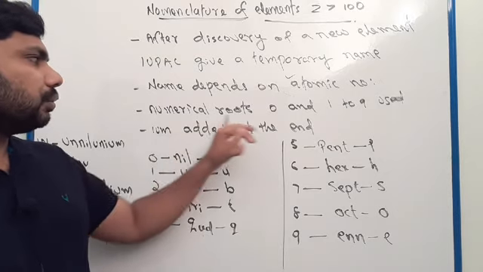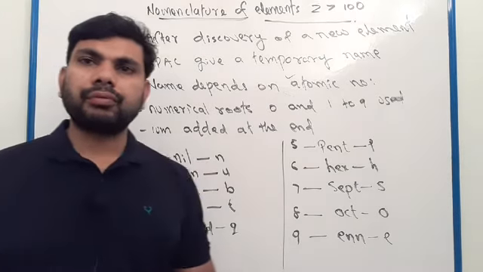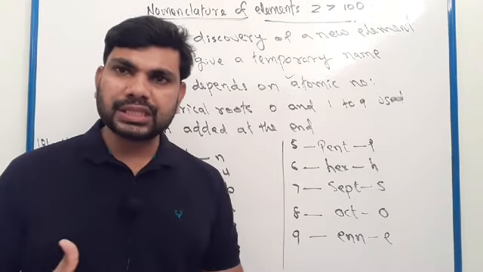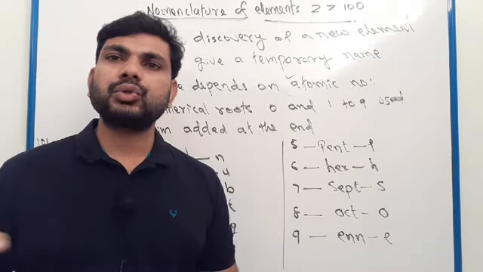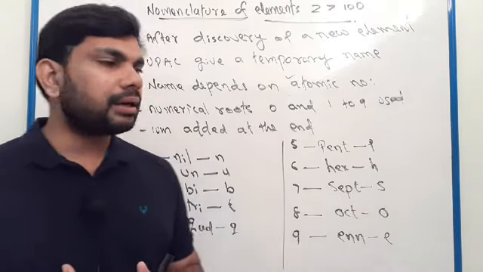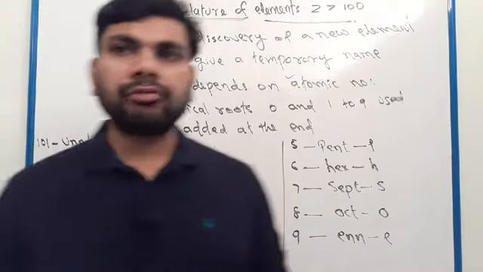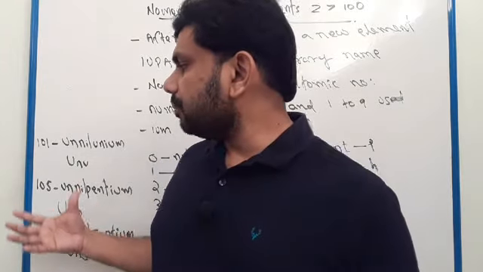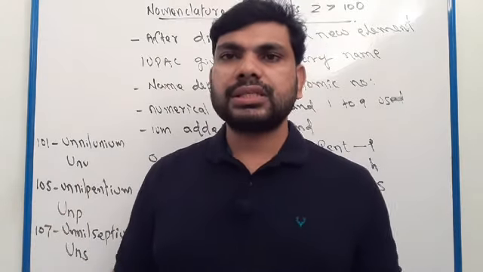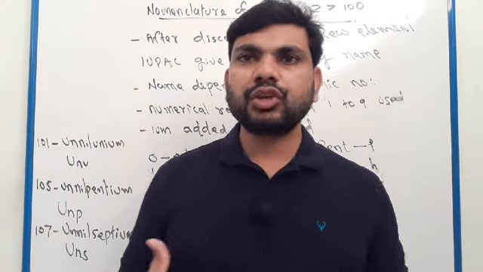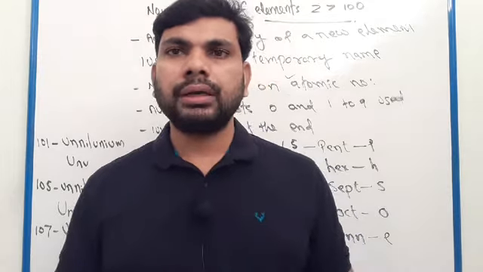This is called numerical roots. You have to remember the numerical roots for 0 and 1 to 9. Then you can name and find the symbols of elements with atomic number greater than 100.